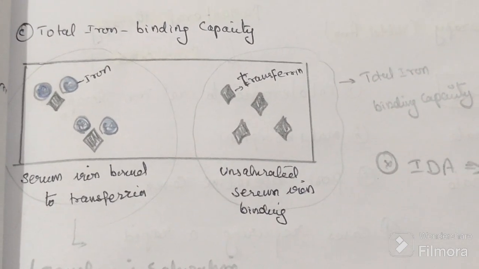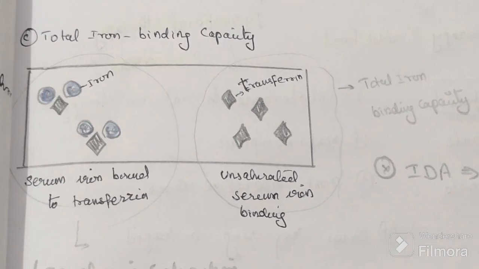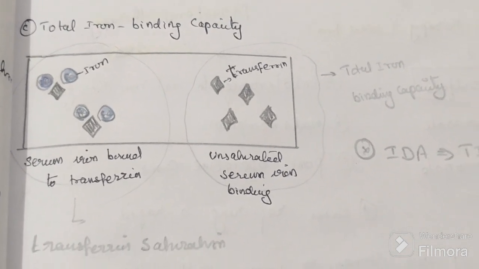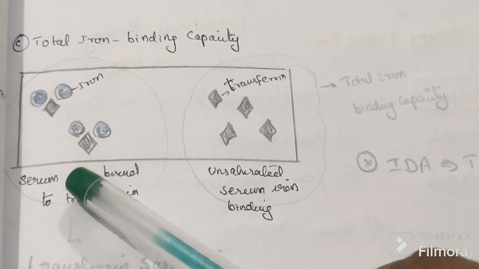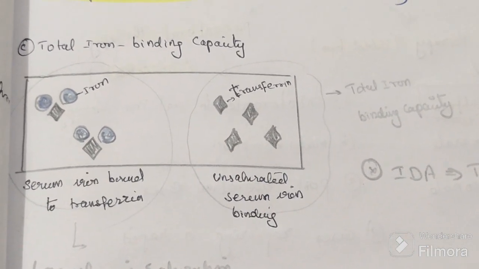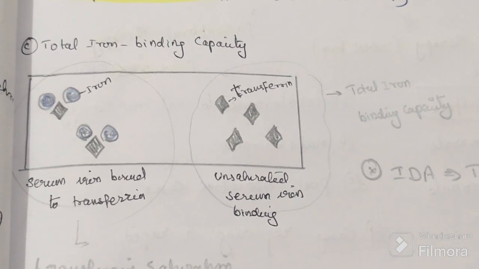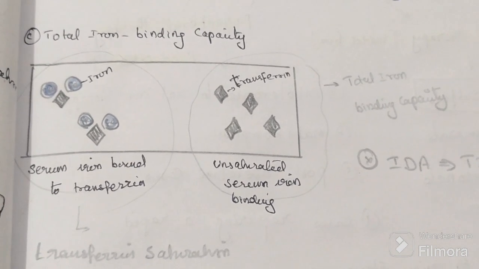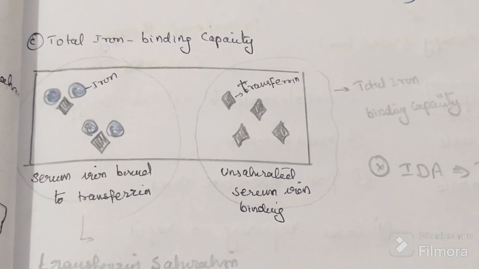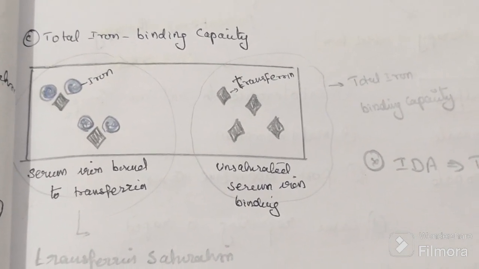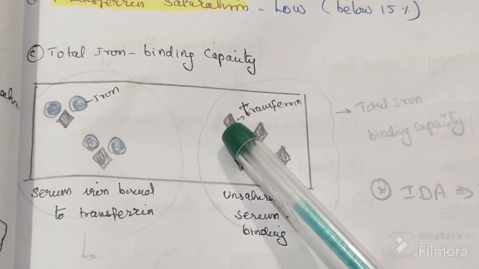Suppose in human blood, we talk about percentage. We have 100 transporters of iron. Out of 100, at a time only 33 are saturated and 66 are empty. The saturated one is known as transferrin.